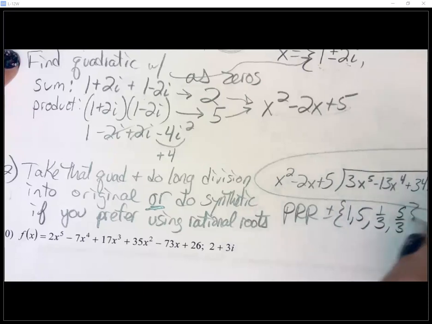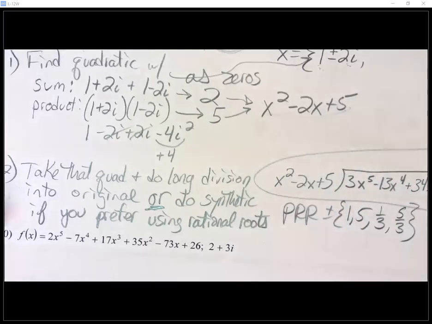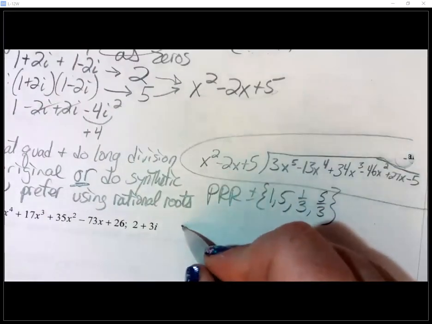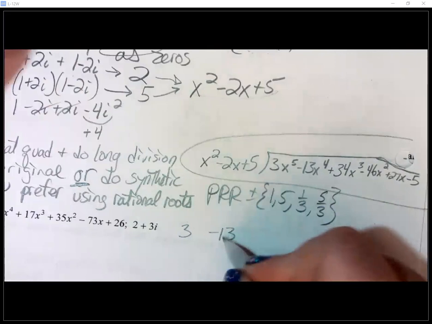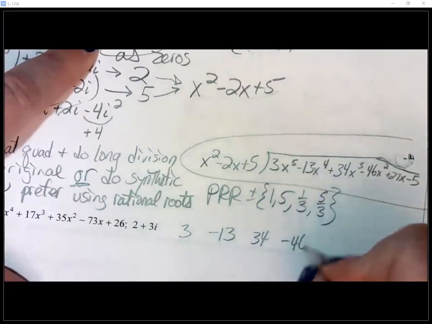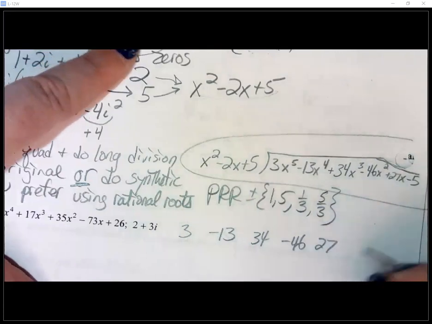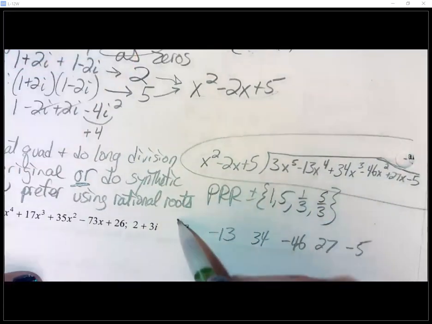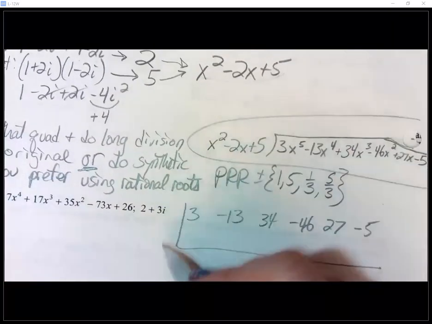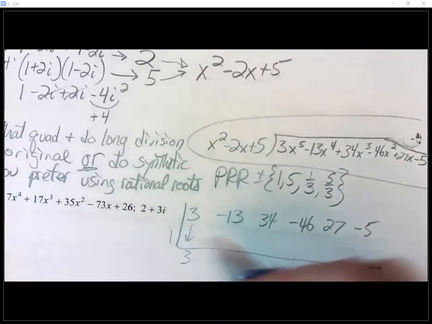So let's see if any of these work. 5, 4, 3, 2, 1, none. All right, who's gonna work for us? Let's keep our fingers crossed for 1.